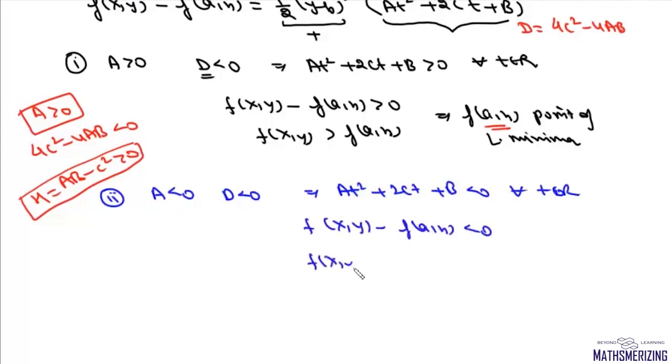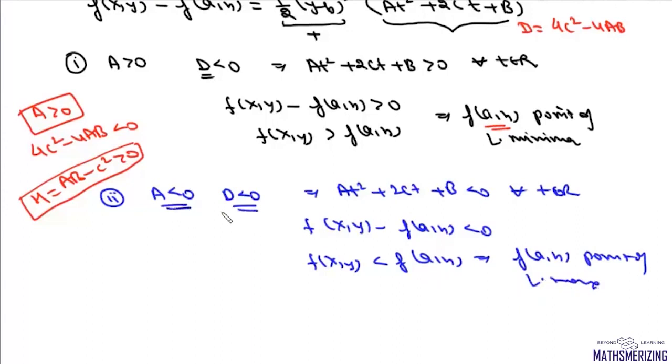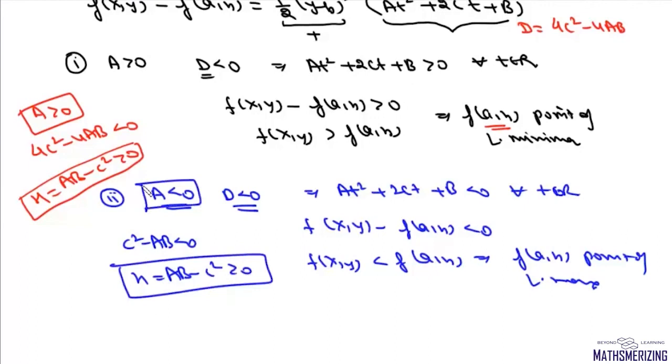So we can write f x y is less than f a b, which simply means that this f a b is a point of local maxima. So we'll have a point of local maxima when a is less than 0 and d is less than 0. And d again, c square minus ab is less than 0, which means h, which is ab minus c square, is greater than 0. So if we have h greater than 0 and a less than 0, then it will be a point of local maxima.